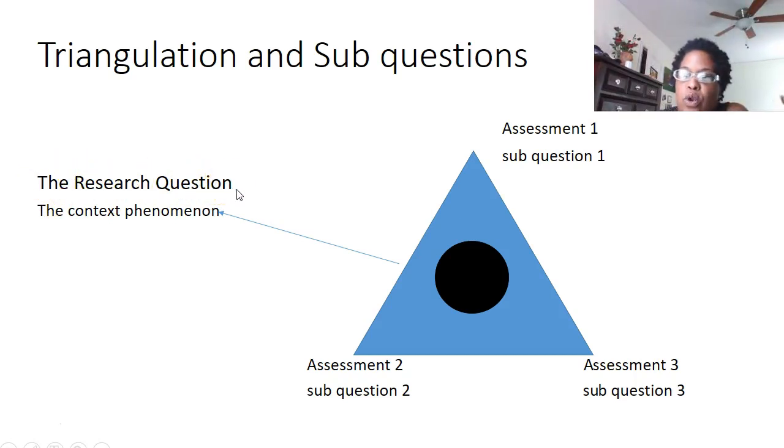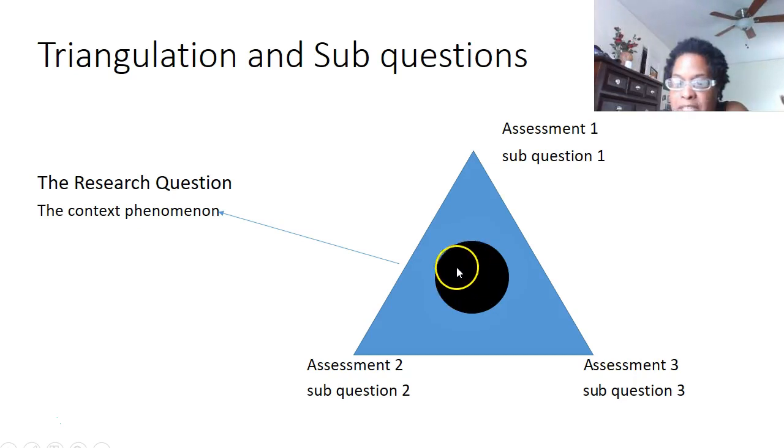When we try to probe the question, we are going to be looking at a particular context or phenomenon. I like to think of this as a context phenomenon because it's an occurrence, and this is where your method lives, and this is what you're actually doing.